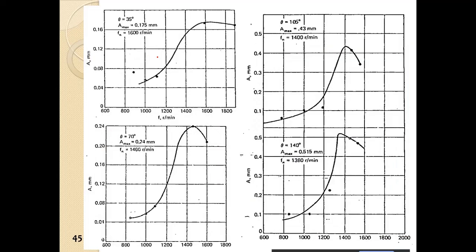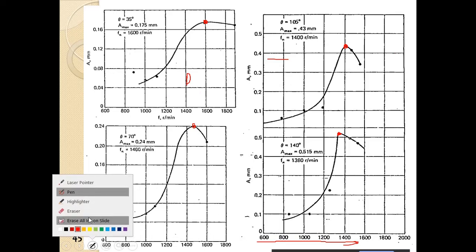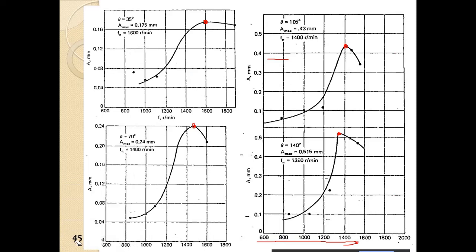The thing is that we change the frequency of operation, increasing it, and the amplitude is noted. So we will have the maximum amplitude at a particular point, and that will give the natural frequency of the system, omega n.